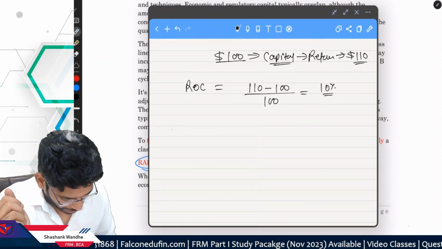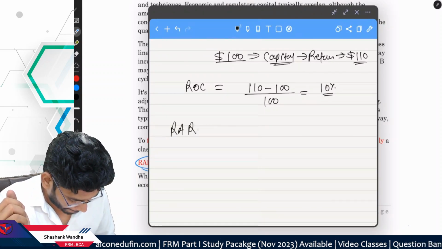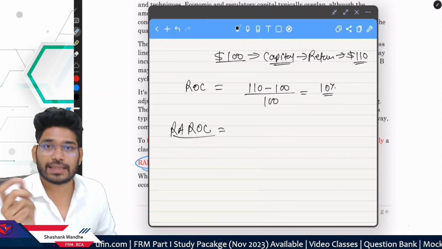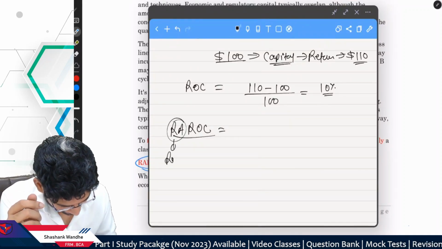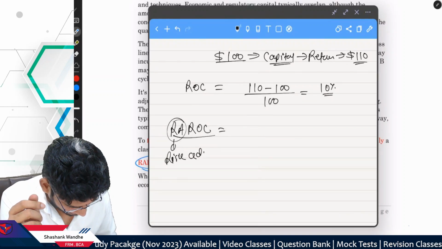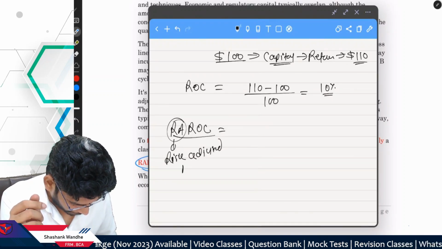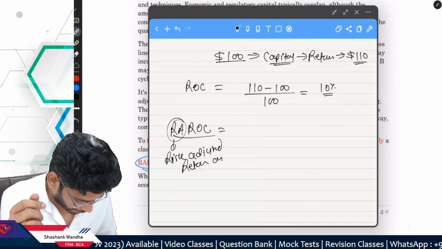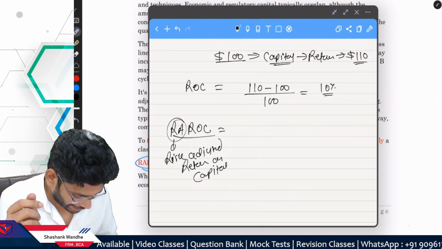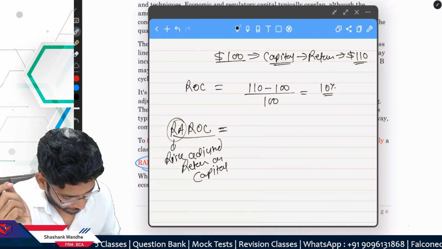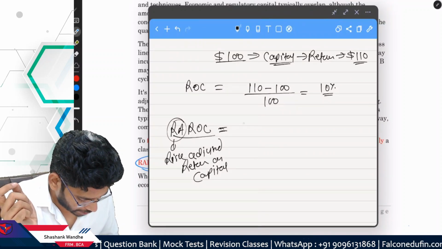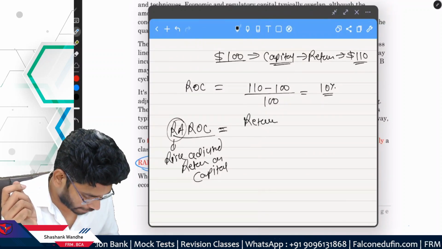There is something called RAROC, which is risk adjusted return on capital, and this is applicable for banks. Now if we consider this particular formula, it is return divided by capital.